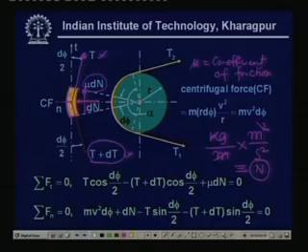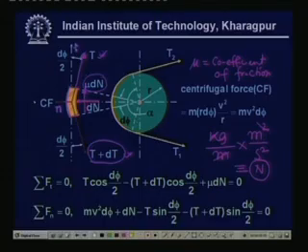For equilibrium, we know that the belt should be under force balance, and here we are defining this direction of the centrifugal force as the normal direction, and the line perpendicular to this one is the tangential direction. So, equilibrium suggests that the sum of the forces should be equal to 0 in the tangential direction as well as in the normal direction.